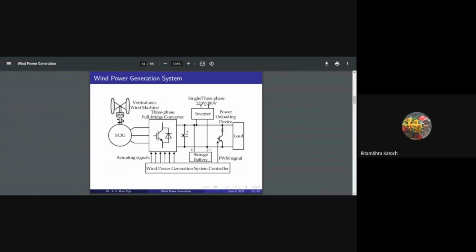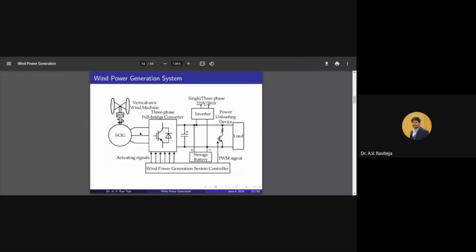Why are we converting into DC? Because the AC supply available here does not have fixed voltage and fixed frequency. The objective is to convert this AC into a fixed voltage, fixed frequency supply according to our grid norms. So basically I need an AC to AC converter.